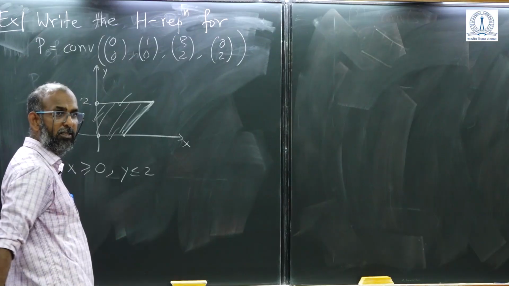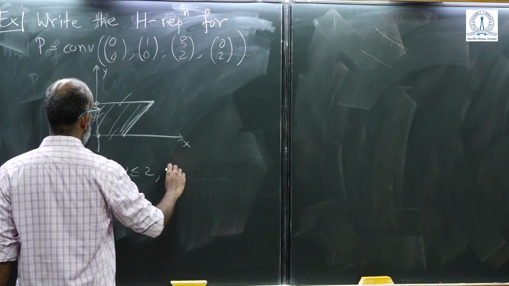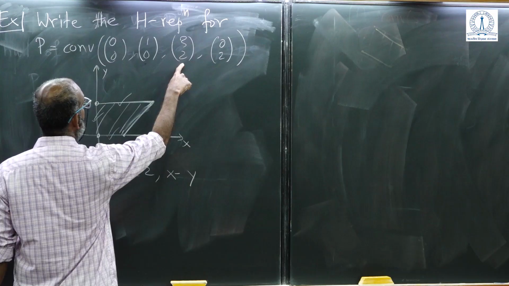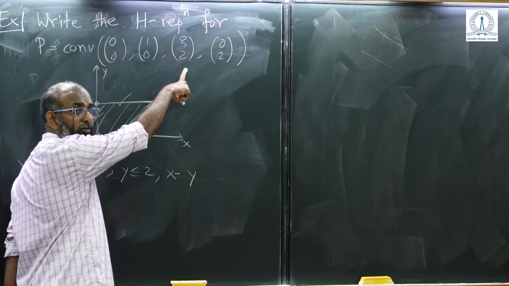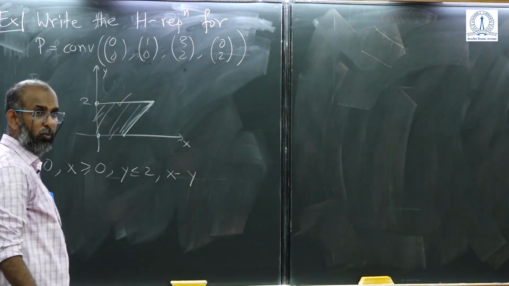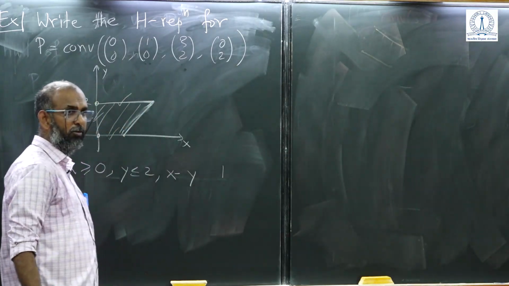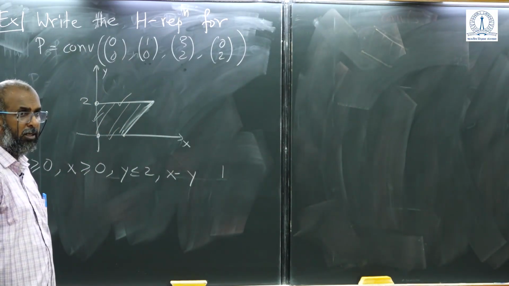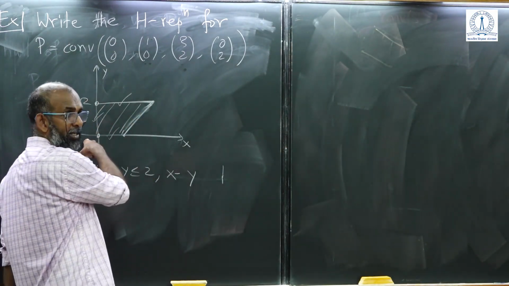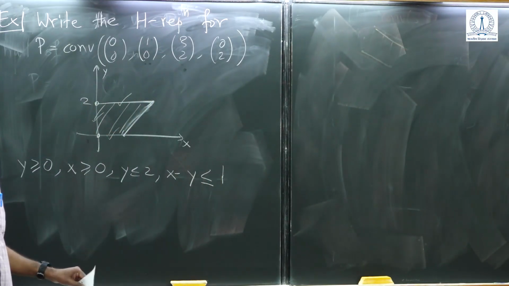We need to get this last line, the line joining (1,0) and (3,2). That line is x minus y equal to 1. And which way do we want it? Because the origin is on this side, we want less than or equal to.